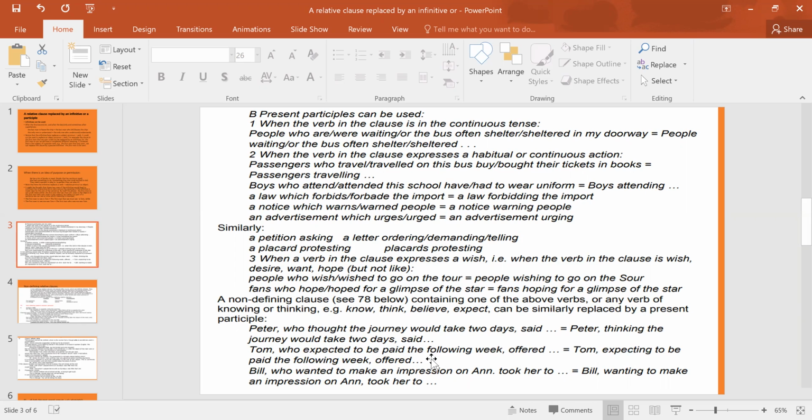Tom, who expected to be paid the following week, offered. So this "who expected to be paid the following week" is a non-defining clause. It defines Tom, a noun. You can also remove it as well. You can change this "who expected to be paid" into this form as well: Tom, expecting to be paid the following week, offered, except.